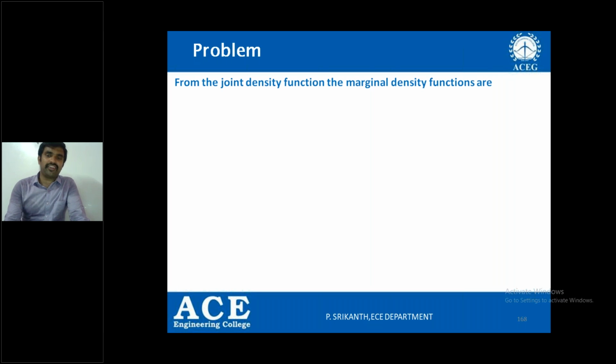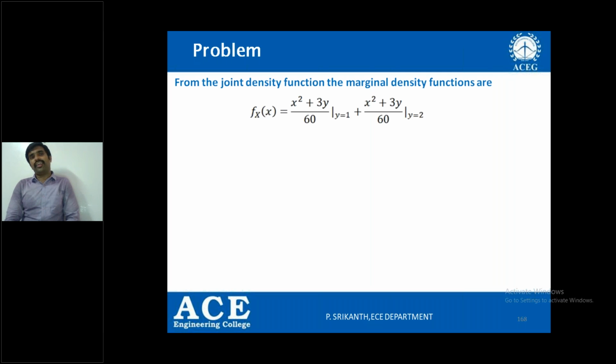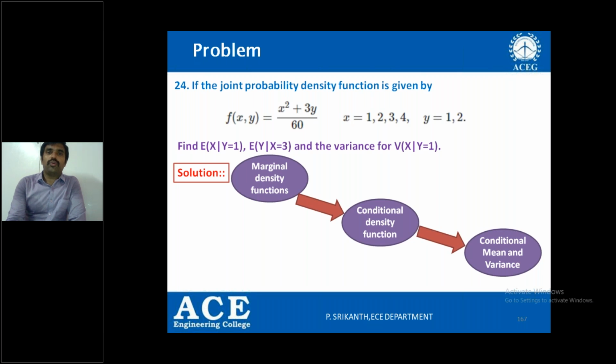From the joint density function, how do you write the marginal density function? X has the values 1, 2, 3, 4. Y has the values 1 and 2.